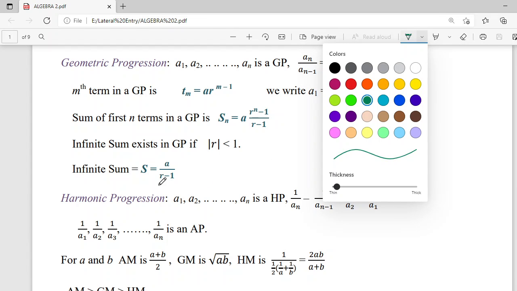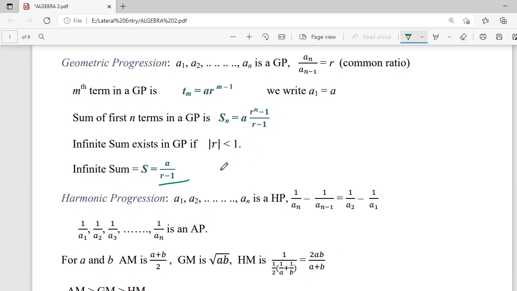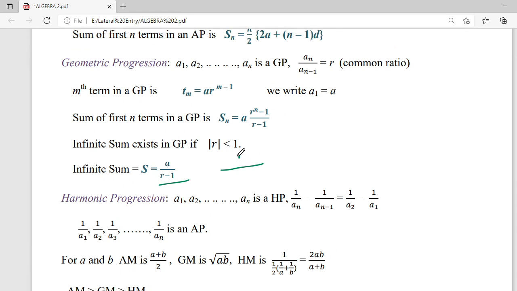It is a by 1 minus r. So this is corrected; you make the correction.